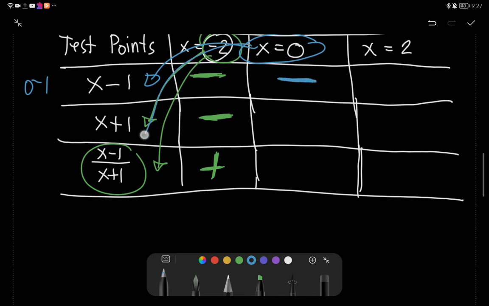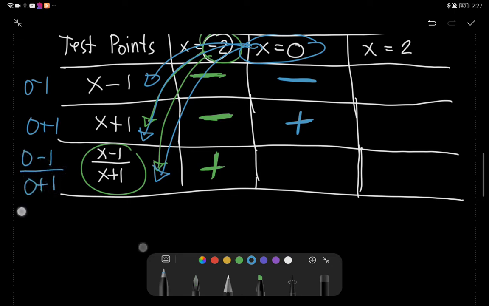And sa ikaduha, 0 plus 1, the answer is +1. So, the answer here is positive. Now, let's proceed sa last one. 0 minus 1 over 0 plus 1, this is -1. So, the answer is negative.